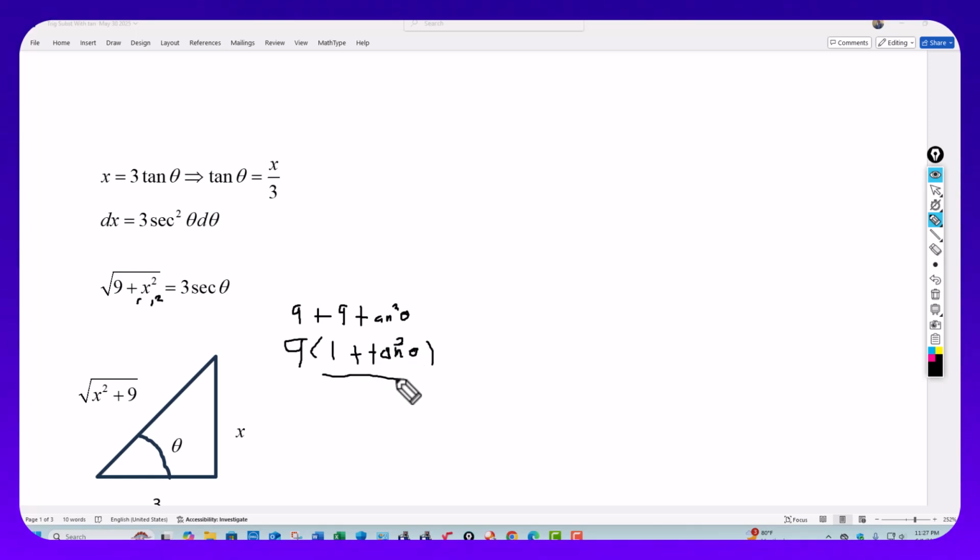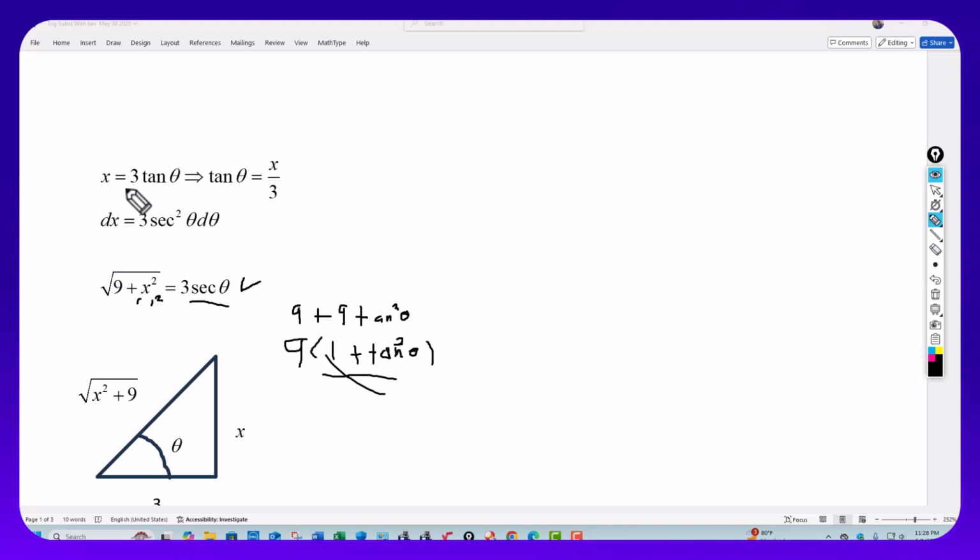But that's your identity involving secant squared: secant squared theta is equal to 1 plus tangent squared theta. Remember, that's under the radical, so taking the square root of secant squared, I get secant theta.